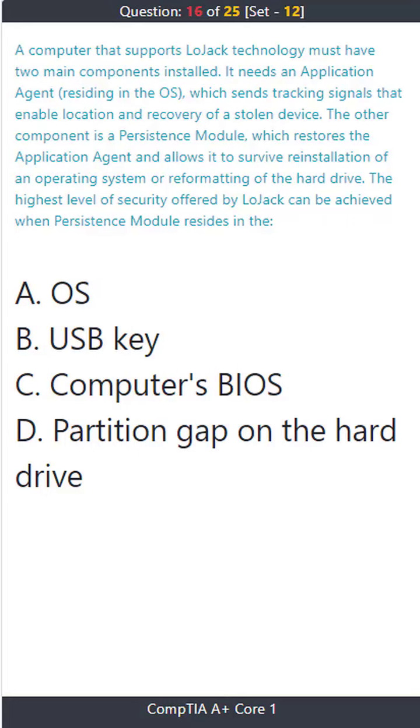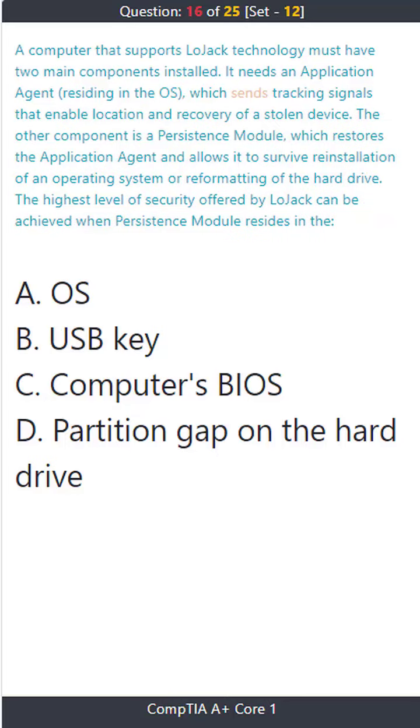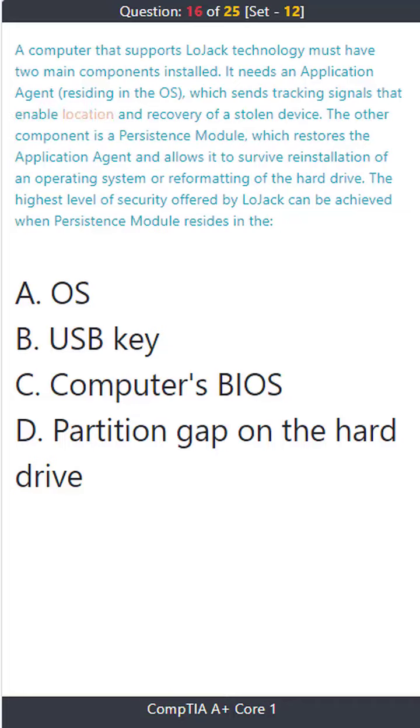Question 16. A computer that supports LoJack technology must have two main components installed. It needs an application agent, residing in the OS, which sends tracking signals that enable location and recovery of a stolen device. The other component is a persistence module, which restores the application agent and allows it to survive reinstallation of an operating system or reformatting of the hard drive.